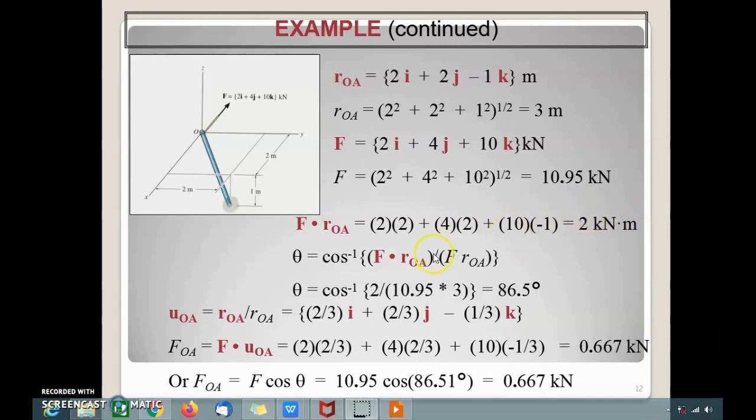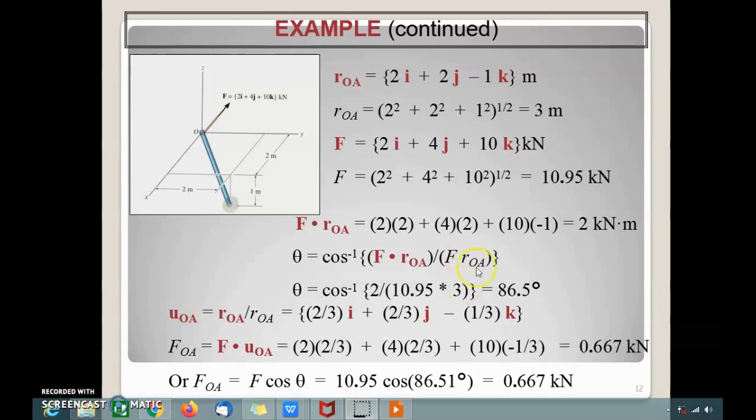Then substitute into this equation. Your F here is the magnitude of force, which is 10.95 kilonewton, and the magnitude of ROA is 3 meter.